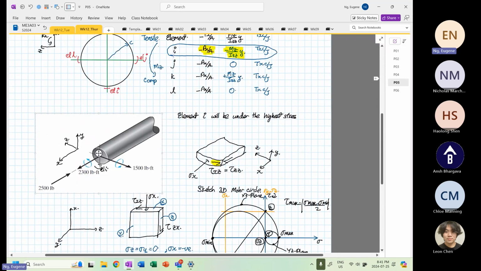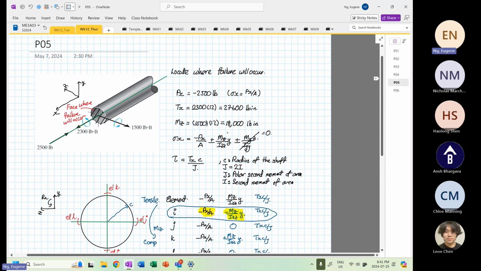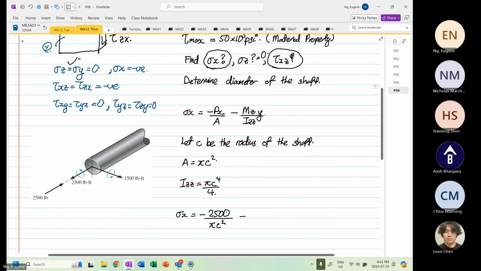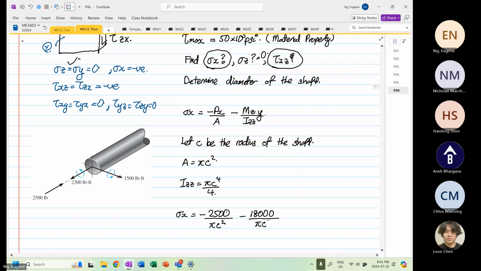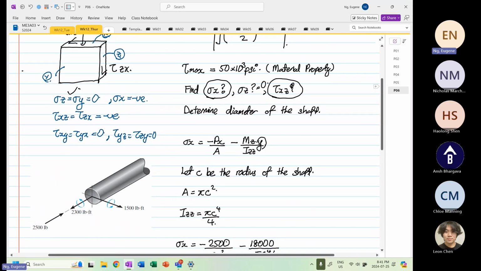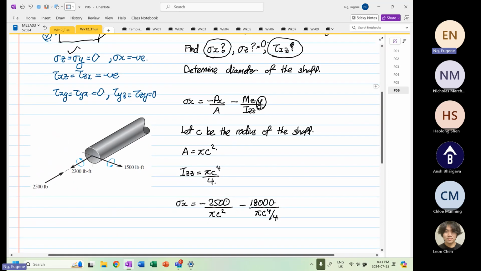We did calculate Mz earlier, so Mz is equal to 1800, divided by pi c to the 4 over 4, and the y over here corresponds to the radius c.